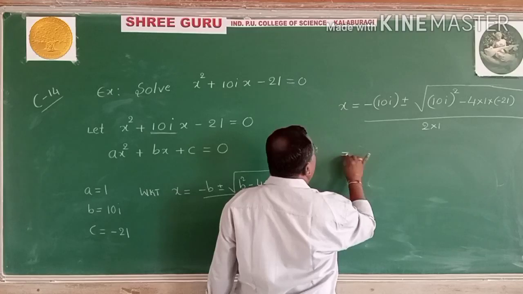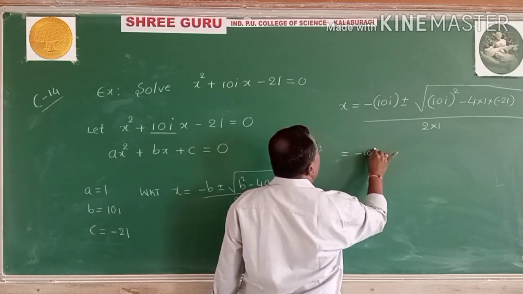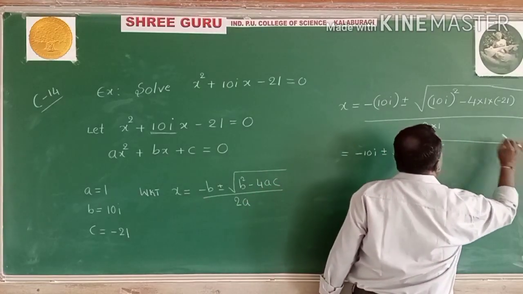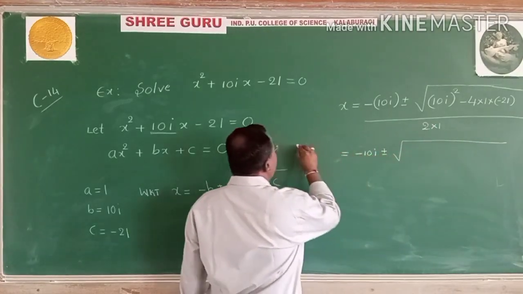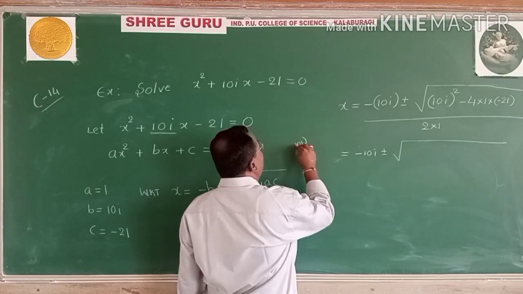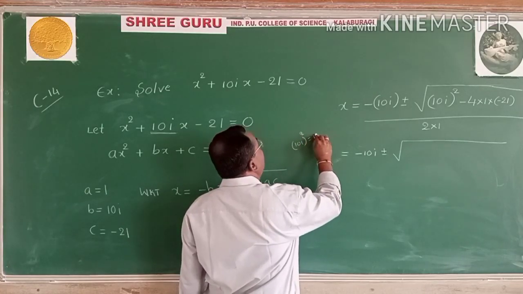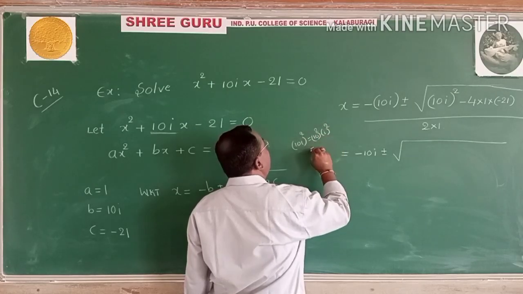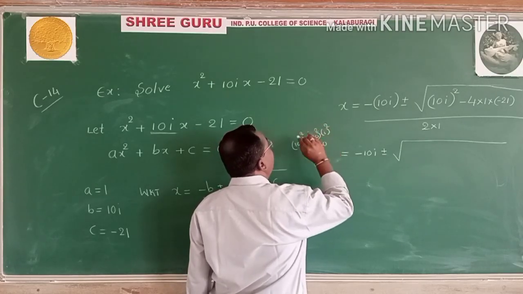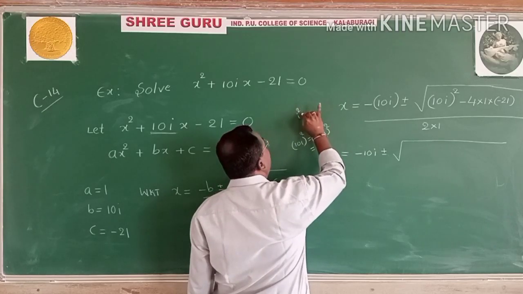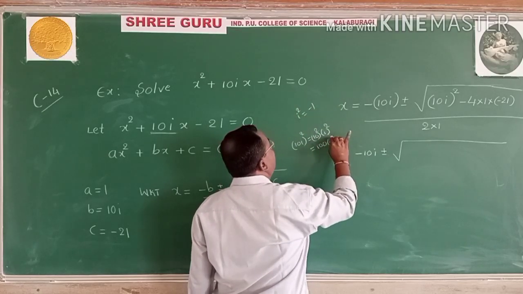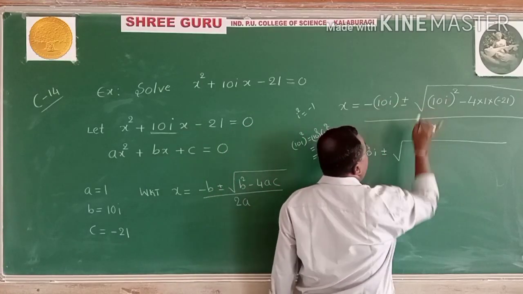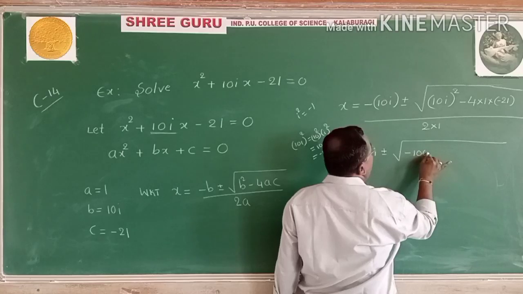x is equal to minus 10i plus or minus square root of 10i whole square, which can be written as 10 square i square. 10 square is 100, and the value of i square is minus 1, so it is minus 100.